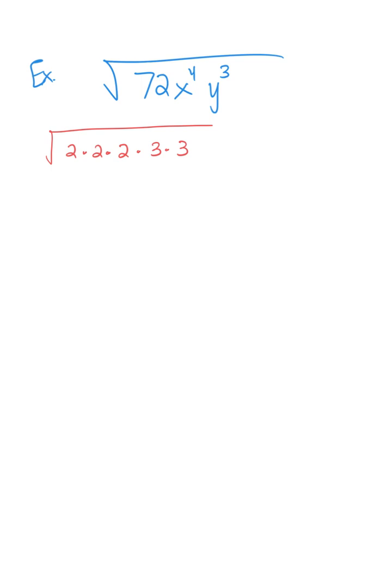We know from originally the problem, this gives us 6 square root of 2. Well, now we've got to deal with these variables in there. So we know from previously, so this is going to be the square root of x to the 4th equals x to the 4 over 2. And the square root of y cubed is equal to y to the 3 over 2.